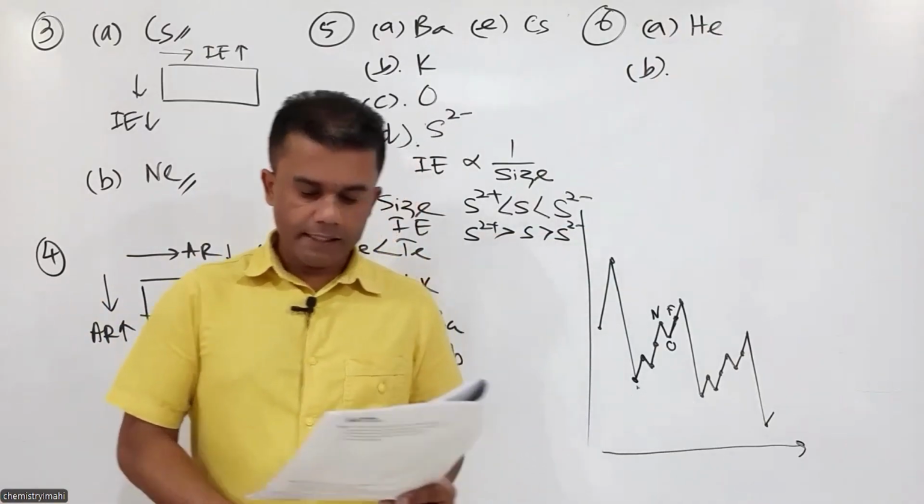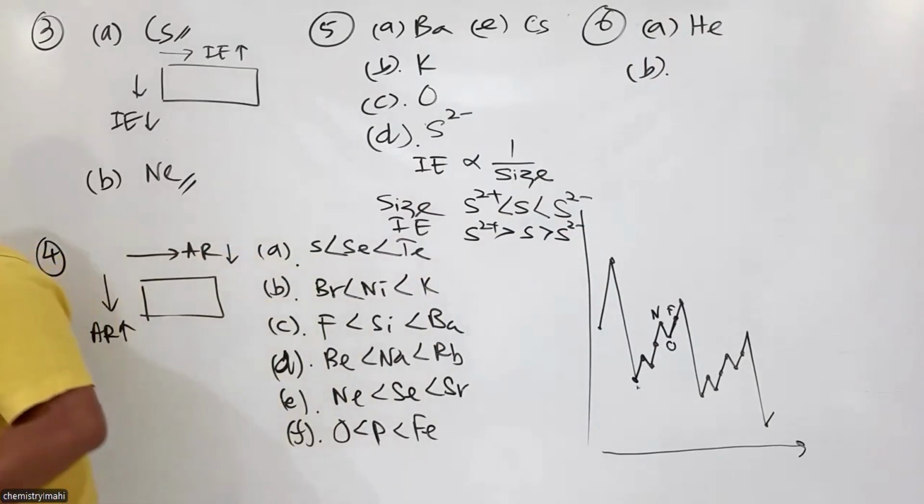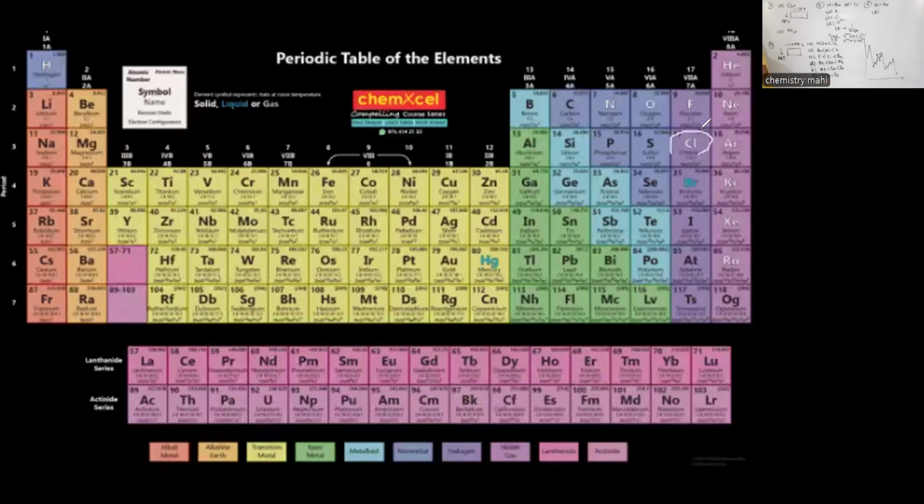Chlorine, indium, selenium. Let's go to that periodic table. Chlorine, it's here. Selenium, it's here. And indium, where is it? Indium, it's here. These are the three places you can have. But they are asking for the smallest. Left to right, what happens to size? It decreases.